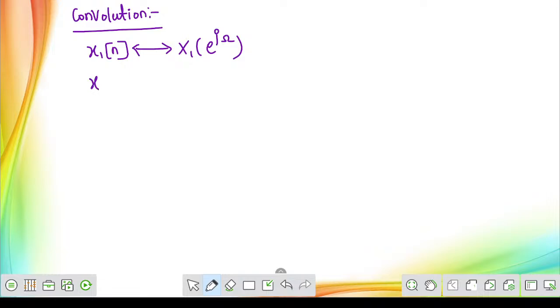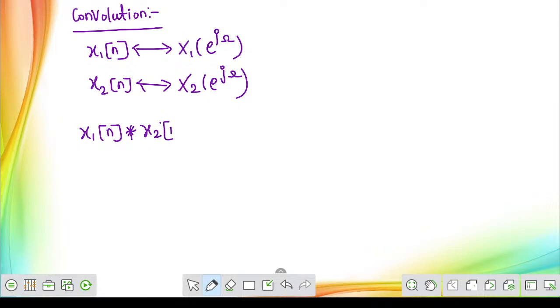Now let us assume I have one more signal x2 of n, and its Fourier transform can be written as X2 of e power j omega. Now suppose these two signals are involved in convolution.